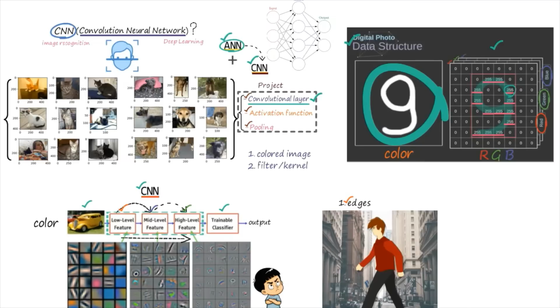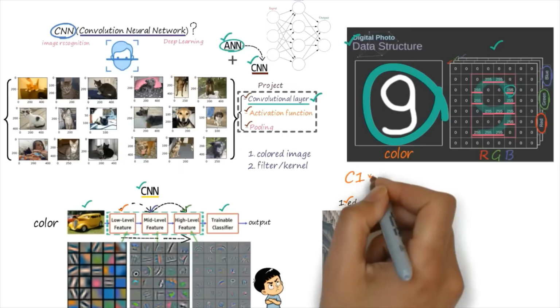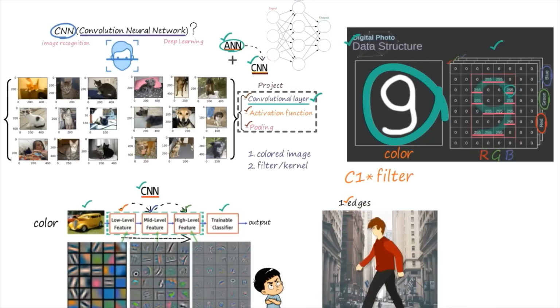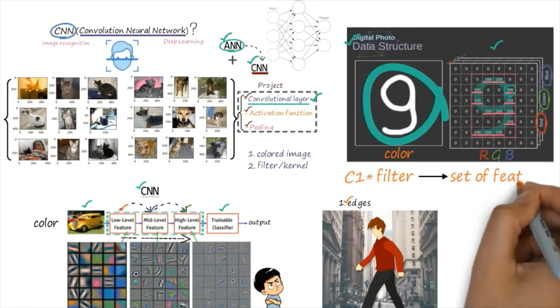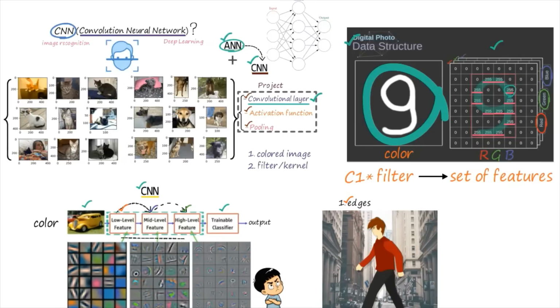The convolution layer will take a colored image as an input, and then it will multiply it with a filter or kernel, and then it will produce some set of features. So the question is, what is the main purpose of using a convolutional layer? The convolution layer basically performs multiplication between the input image and a filter, and then it will produce some kind of features.